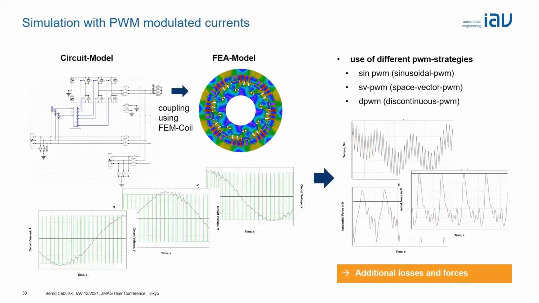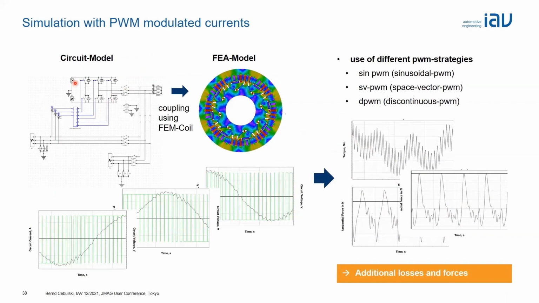Of course, to calculate these harmonics, there are different approaches. One of the approaches shown here: you can use a circuit model together with a JMAG RT model to simulate the currents, or you can do a full co-simulation with MATLAB Simulink, for instance, to get the real control system. Depending on what you are using, the simulation time is quite different, of course.